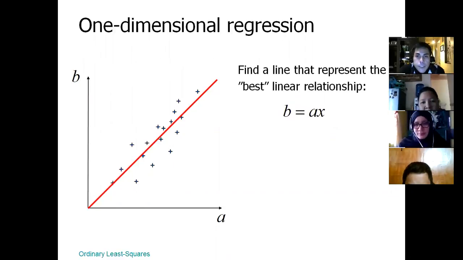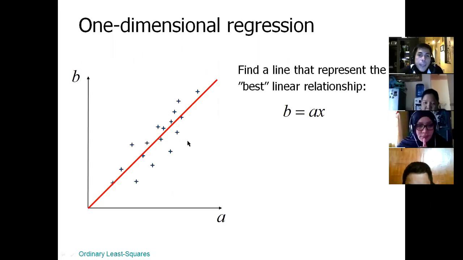If it's using linear regression, we need to have a continuous variable, which could be either ordinal, interval, or ratio type of data. And this is what the linear relationship, or the best linear relationship, looks like.